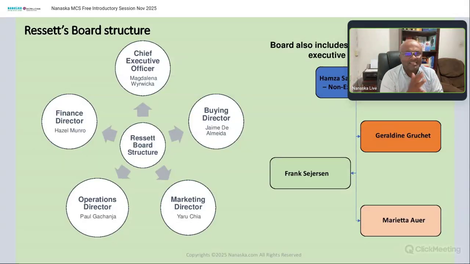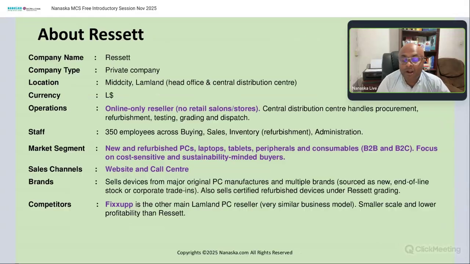So the question that we will ask is, why don't we have an HR director? Why don't we have a technology director, an IT director? Why don't we have a sustainability director? Why sustainability director? Because our entire model is about sustainable products.